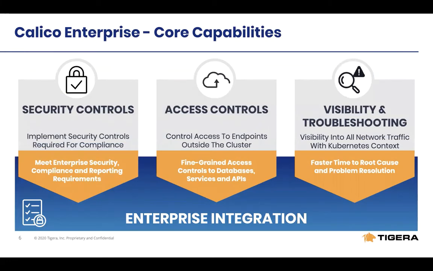And this is a little bit of a deeper dive on those three most frequently discussed use cases as they relate to Calico Enterprise. And really, it's taking all of the goodness of Calico and helping you operationalize that within your environment.